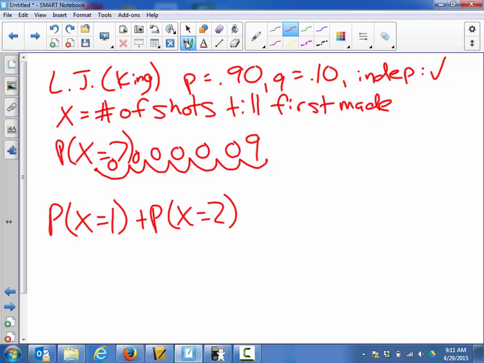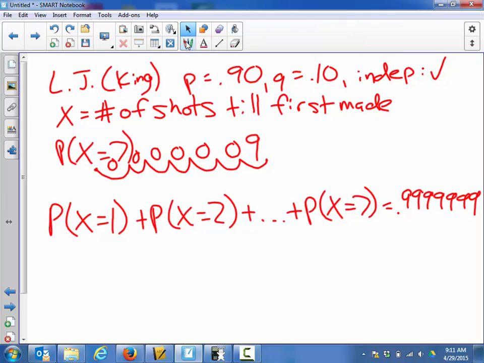This is the probability that X equals 1, plus the probability that X equals 2, onwards and upwards till the probability that X equals 7, which is 0.9999999. Basically a 100% probability that he's going to make one of his first 7 shots. GeometCDF, C stands for cumulative.